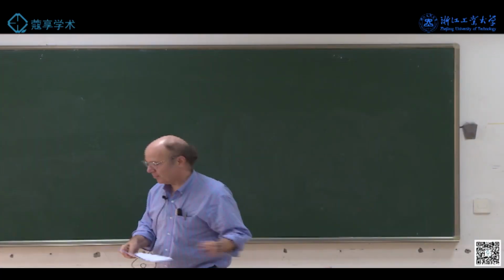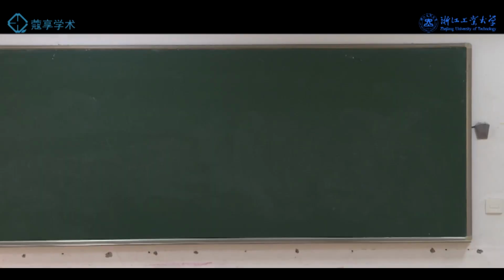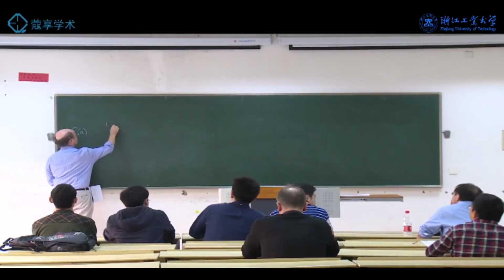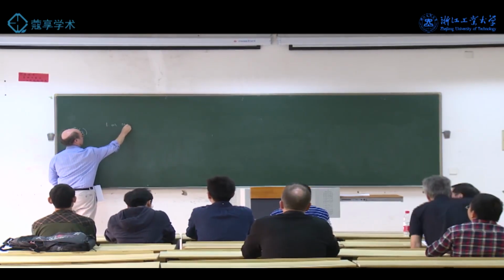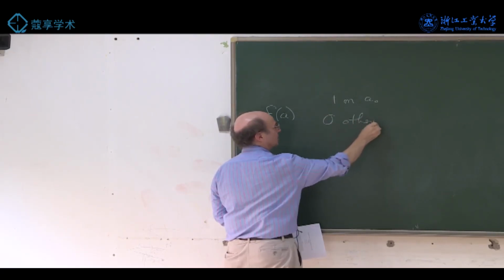All right, so last time I presented the bare bones Grover algorithm, where we had a function a that was 1 on some number a0 and 0 otherwise in a long list.